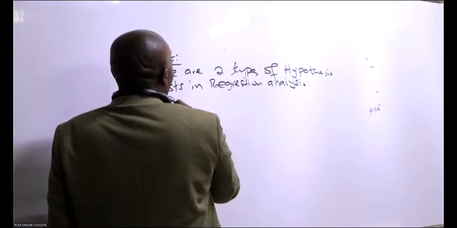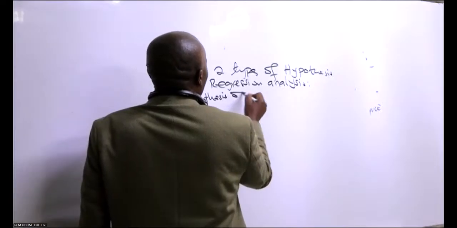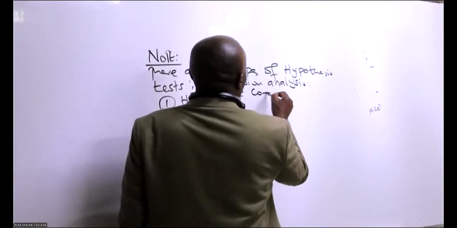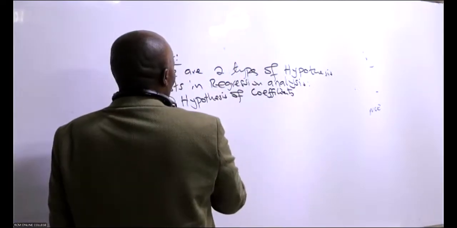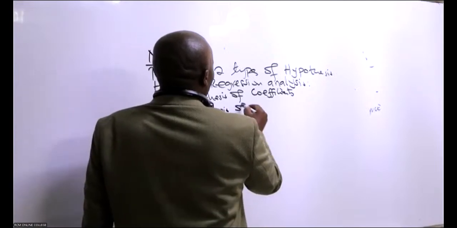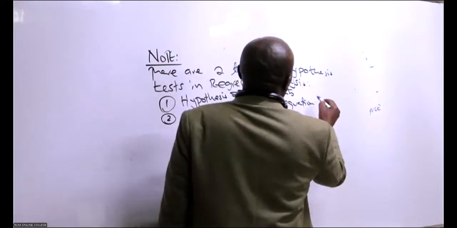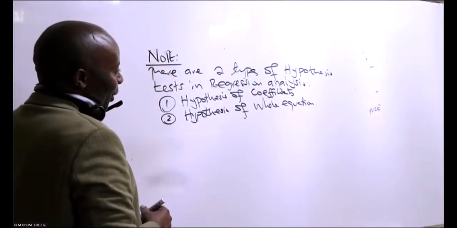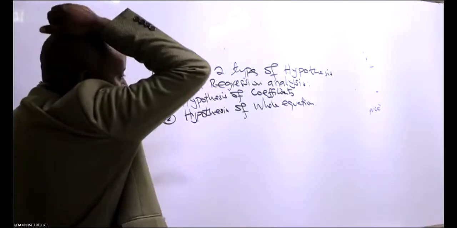Namely, number one, we have a hypothesis of coefficients. And then number two, we have a hypothesis of whole equation. So we have a hypothesis of coefficients, and then a hypothesis of what here? Whole equation.